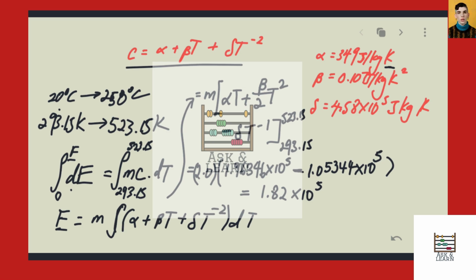Alright, so this is the answer that we should get in terms of the SI units, which will be in joules.